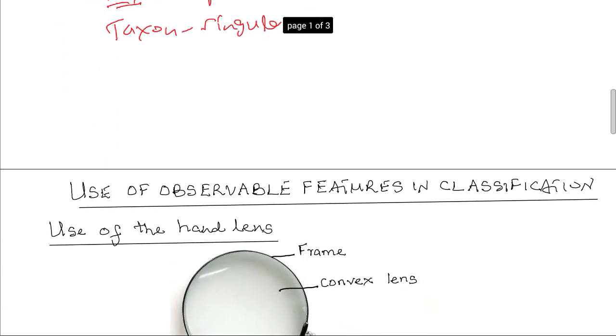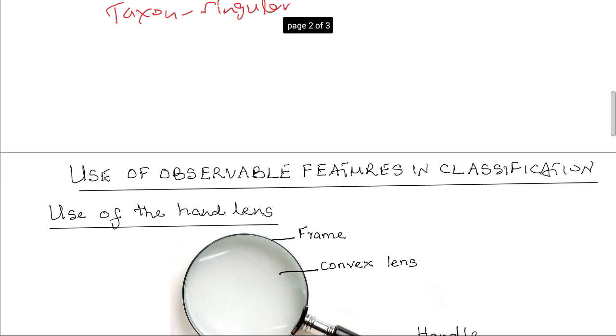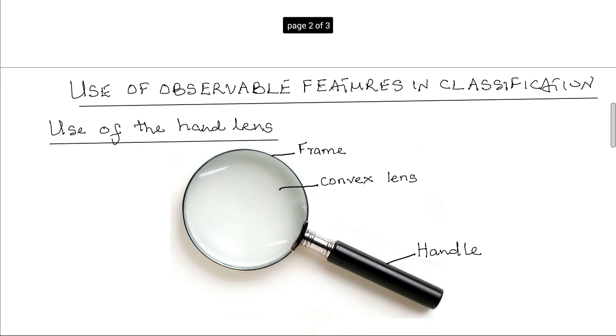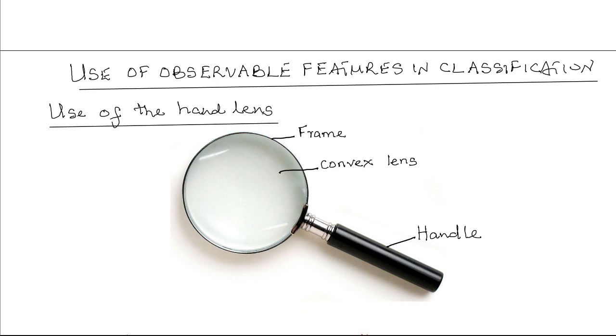Now, when placing organisms into taxa, we use certain observable features. Now, to clearly see these features, sometimes we need to use a hand lens. We need to use a hand lens to make observations of these features easier and clear.